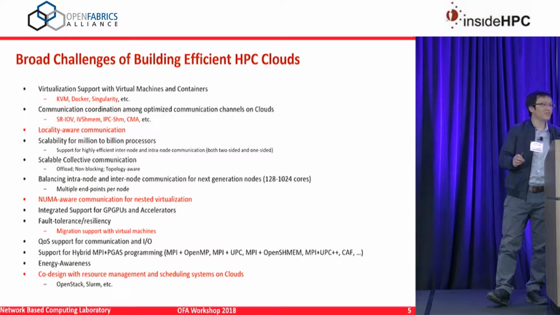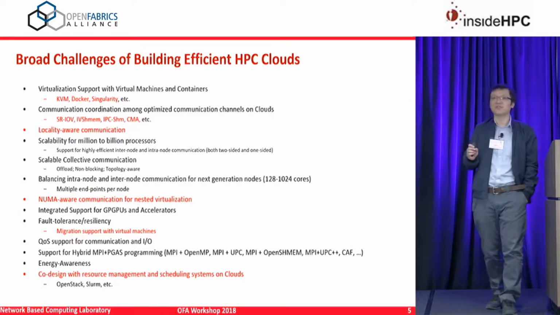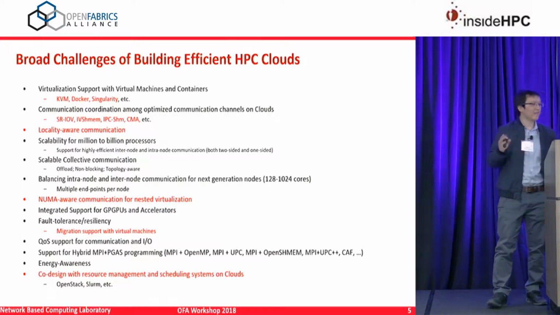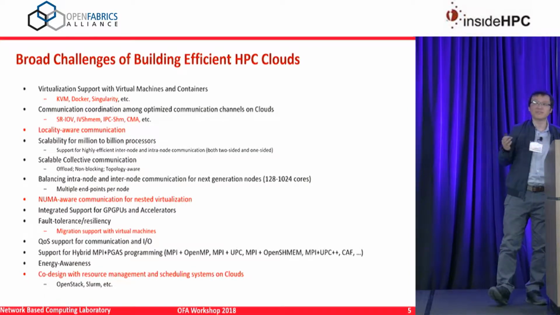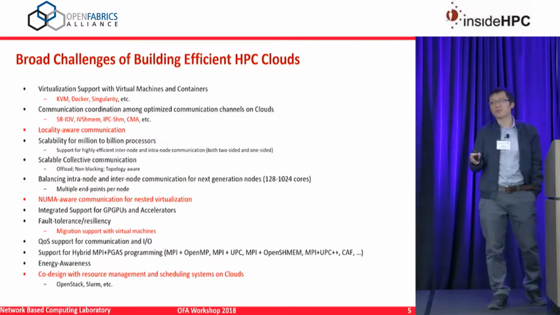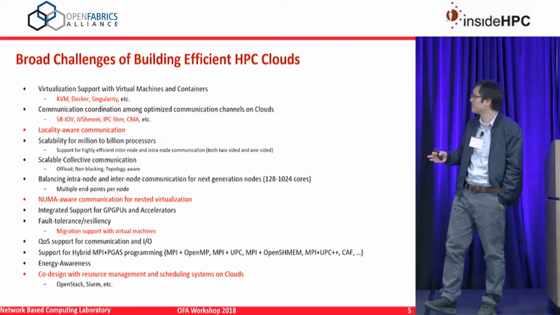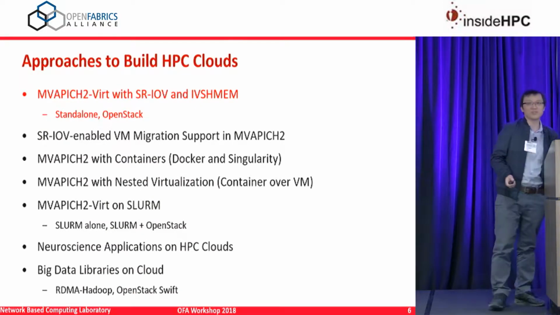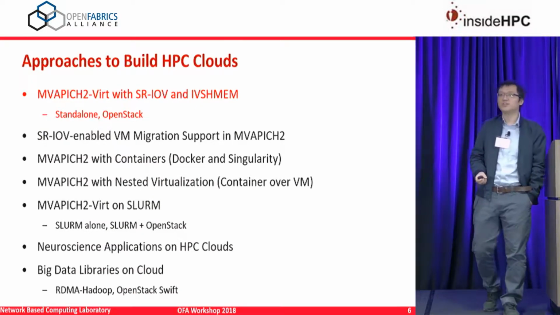The key we want to present here is how to achieve locality-aware communication inside the cloud environment. And also NUMA-aware communication for nested virtualization and the migration support under SR-IOV environment, as well as some other perspectives.